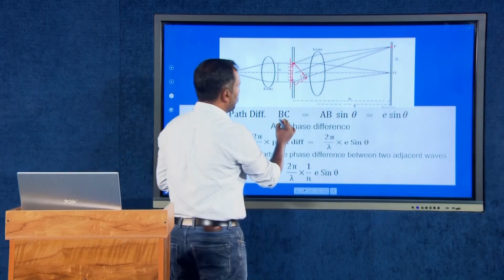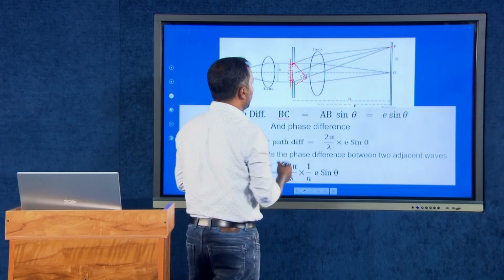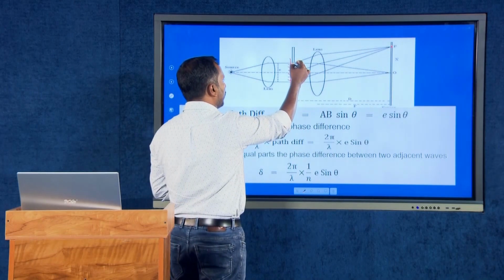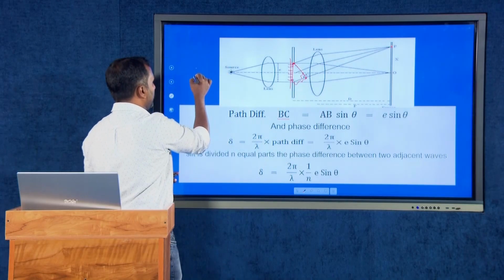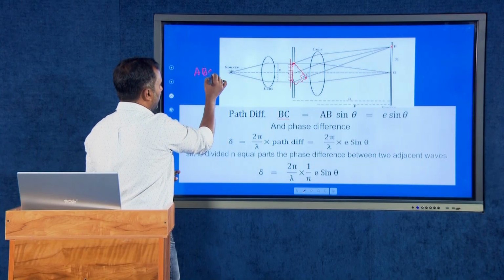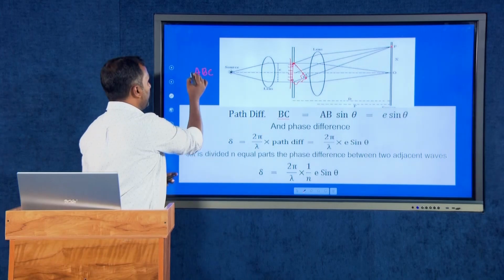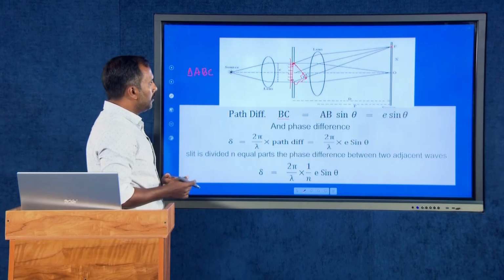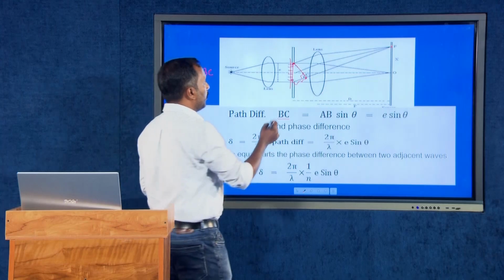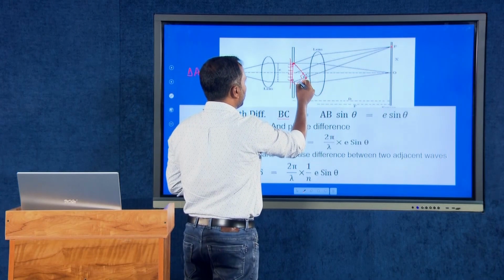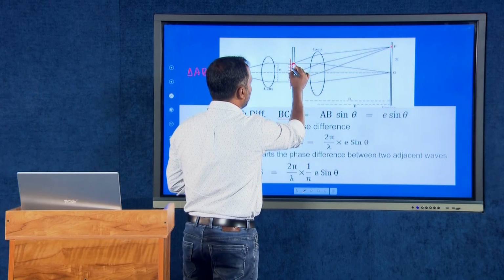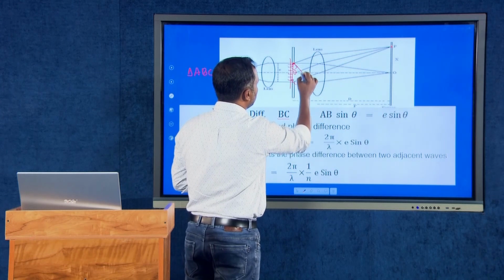Now the path difference BC can be calculated by considering the triangle ABC. This triangle ABC is a right-angled triangle, therefore you can easily calculate BC by considering the angle here. Theta is the angle of diffraction.